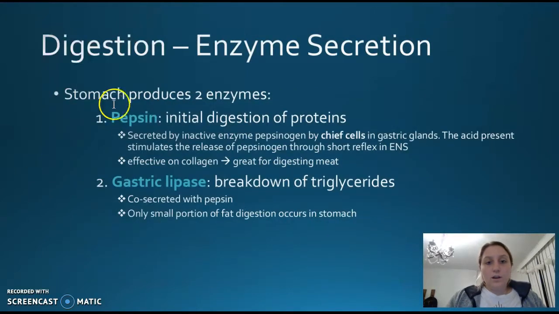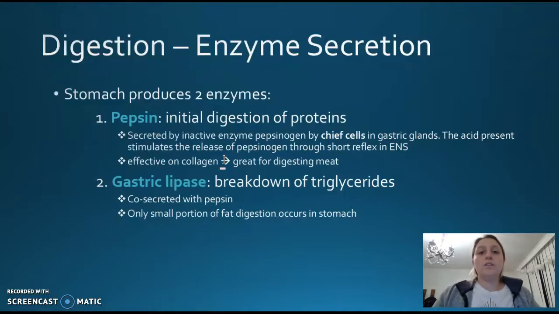Now, enzyme secretion. There are two main enzymes that the stomach produces. One is pepsin, which we briefly touched on before, and the other is gastric lipase. Pepsin is used for the initial digestion of proteins, and it is initially secreted as an inactive enzyme called pepsinogen by chief cells in the gastric glands.